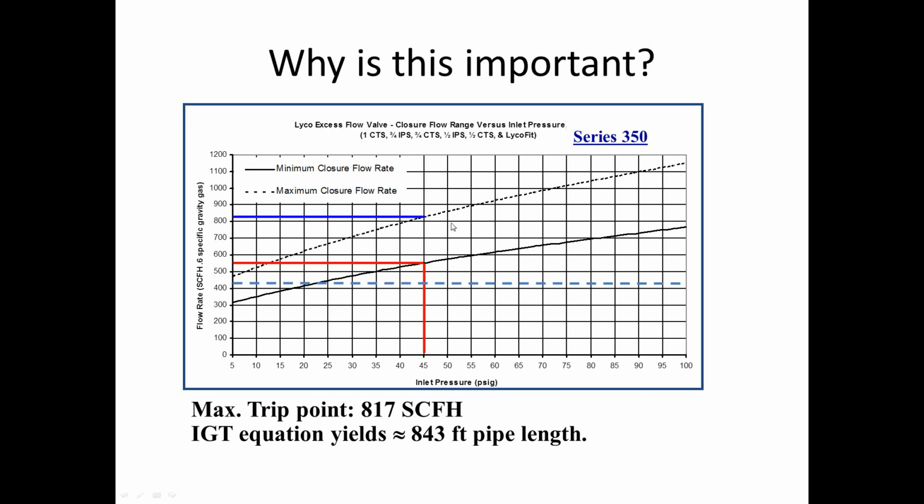Code allows a 50% cushion between minimum trip point and maximum trip point. And so this graph is showing that the maximum trip point that this EFV could trip at would be 817 standard cubic feet per hour at this 45 psi inlet pressure.